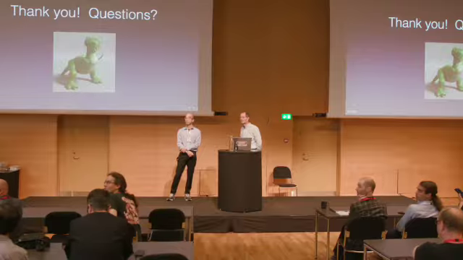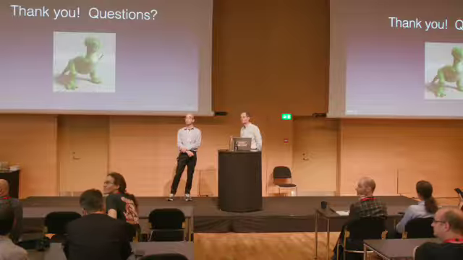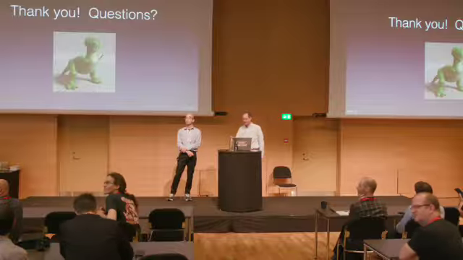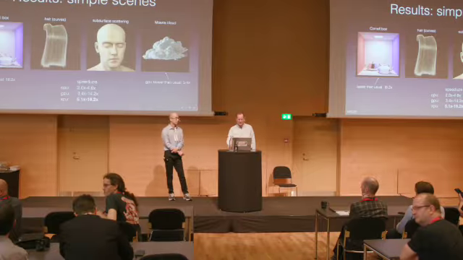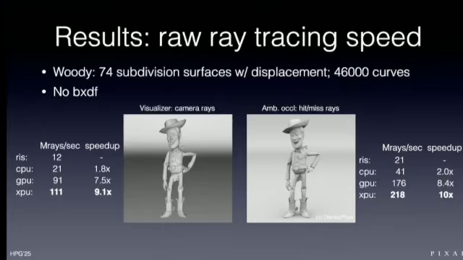Hi, it was an interesting talk. There was a picture you were showing of Woody being rendered with ambient occlusion rays. What was the actual figure? You were saying you're getting 218 mega rays a second. How complicated is the actual model?